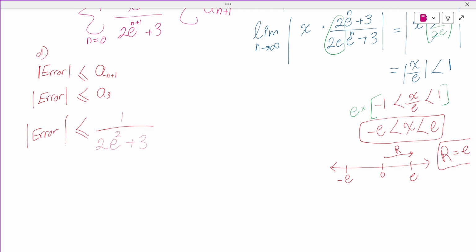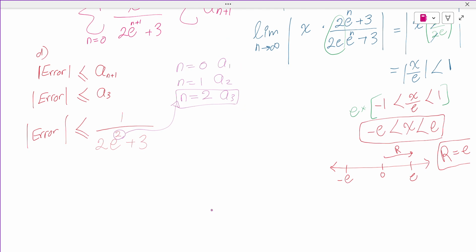Notice that we substituted n equals 2 because the first term will be n equals 0. This is A1, the first term, this is A2, the second term, and this is A3. This is the first unused term. So the error is given by this formula, at most 1 over 2e to the power of 2 plus 3.